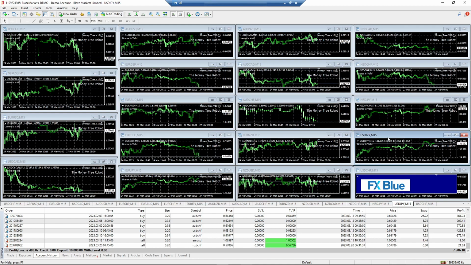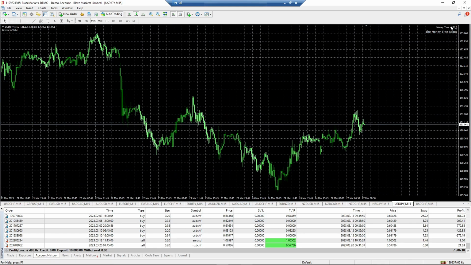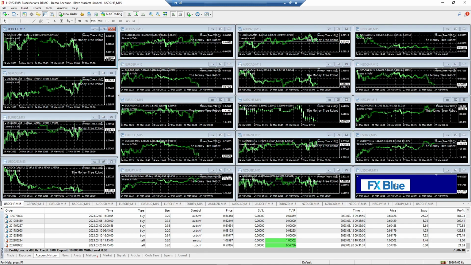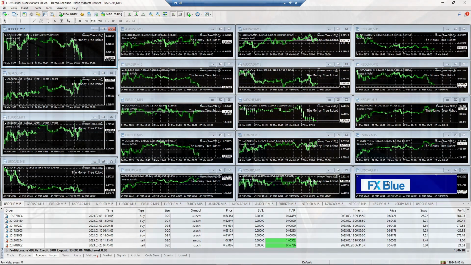Now with the USD Japanese on the 50-minute chart, as you see here, that is now up and running, and obviously that is now part of the testing procedure itself. We have that, and then as you can see here, we also have the FX Blue account. This is the one that is combining all the different details for all these trades so that you can see them in one particular site.